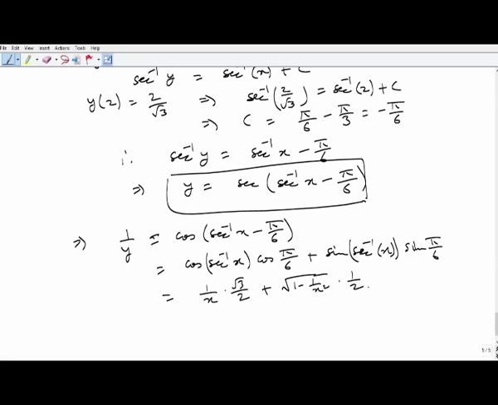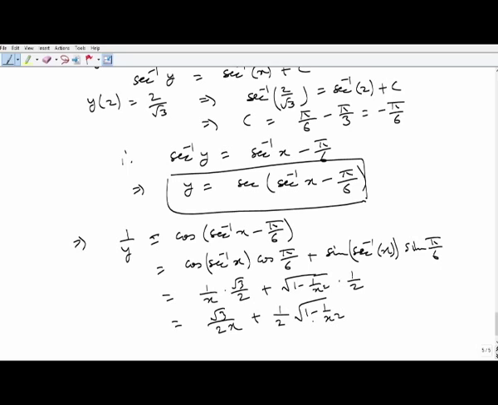So, you can put secant inverse x is equal to theta, that will mean x is equal to secant of theta. So, cos theta will be equal to 1 by x, and then sin theta is square root of 1 minus cos square theta. So, this gives this, and this is equal to root 3 by 2x plus 1 by 2 square root of 1 minus 1 by x square.